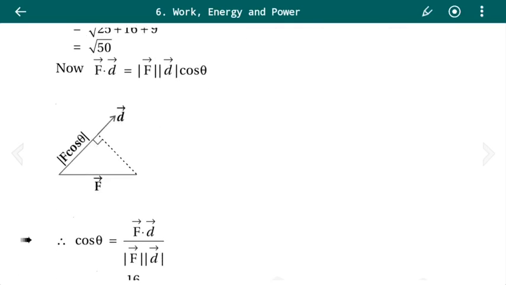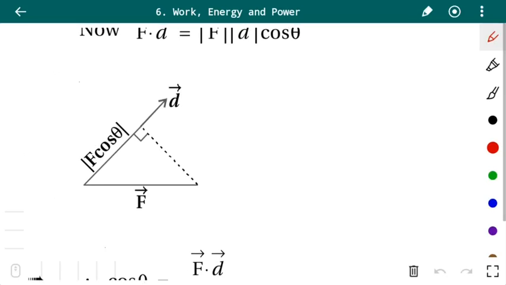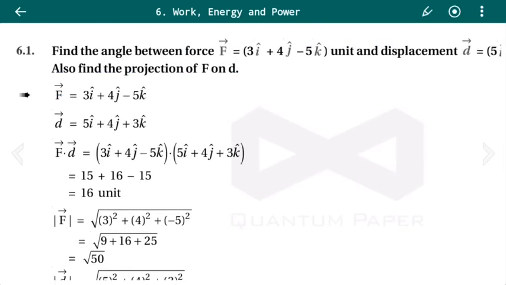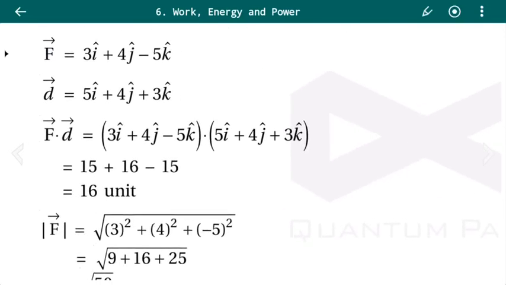Taking two vectors, D vector and F vector, the projection of F on D will give us F cos theta. So vector F dot vector D, we have to take the dot product of these two.